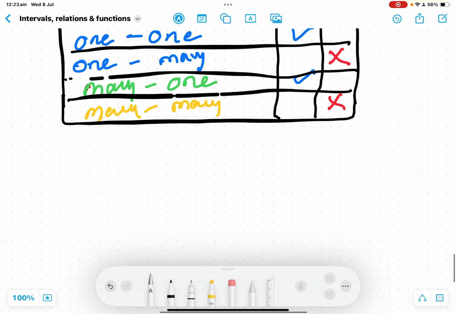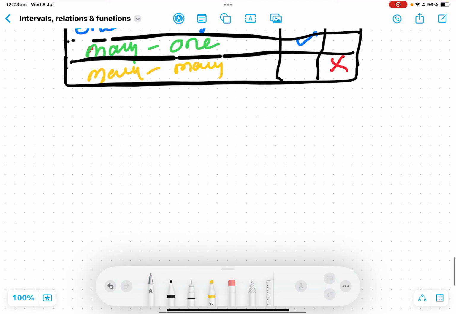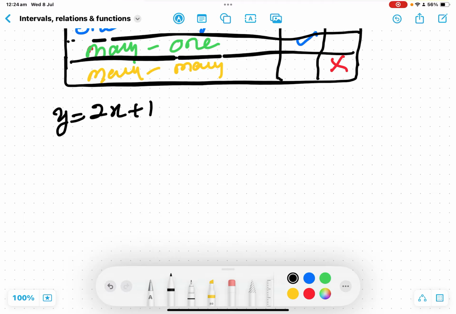So one way of finding out whether a relation is a function is to do the vertical line test. So in order to do the vertical line test, you have to first draw the graph of the function. For example, let's say y equals 2x plus 1.